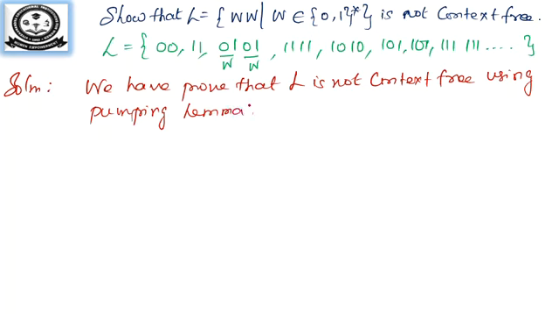We will use contradiction. So we'll consider that L is context free. Step one: we assume L is context free.